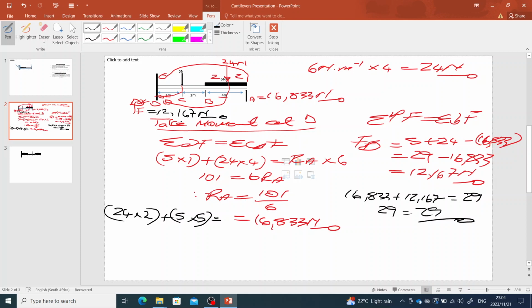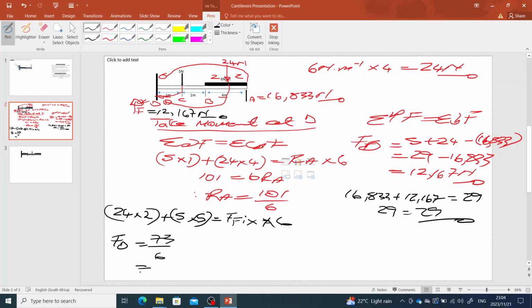It will be this upward force there. If you were to repeat this process, taking moment at RA, then it will equal F fixed multiplied by the perpendicular distance from there to there. It is 6. Then it will be FD equals 25 plus 48 equals 73.